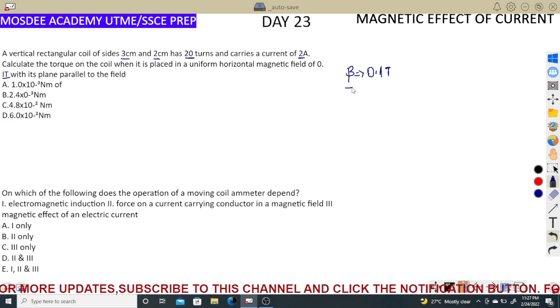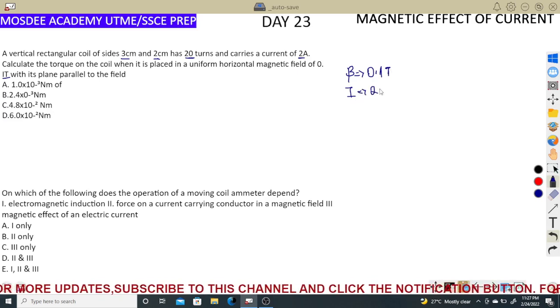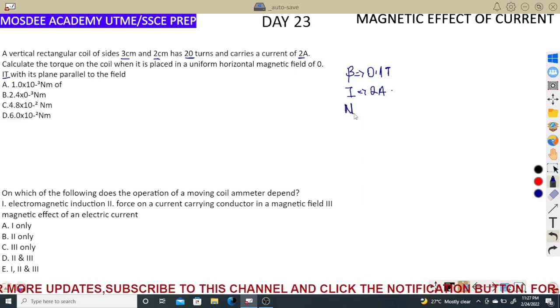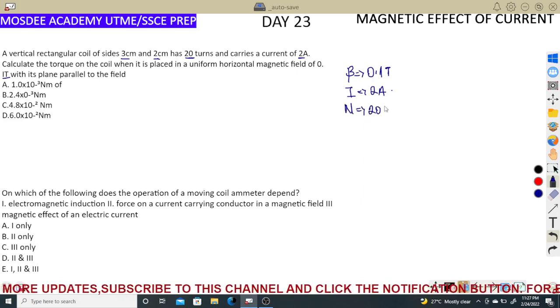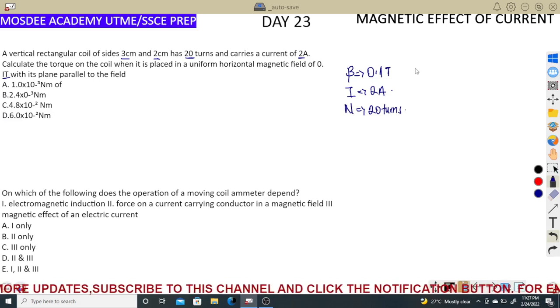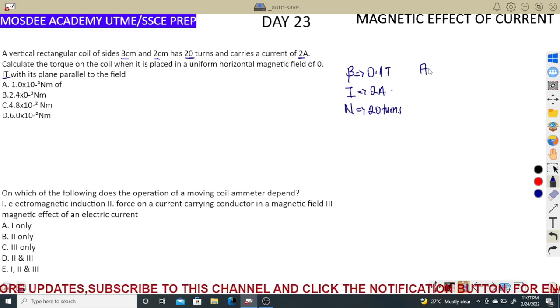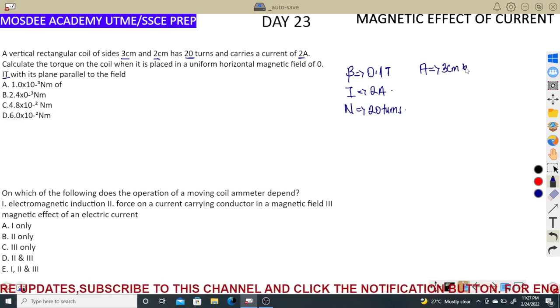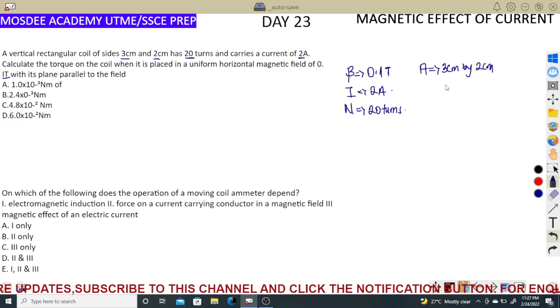Now we have the current I given as 2 amps. Which other thing? We have the number of turns N given as 20 turns. And we have the rectangle, because we need the area of the coil, given as 3 centimeter by 2 centimeter. Area is length times breadth.